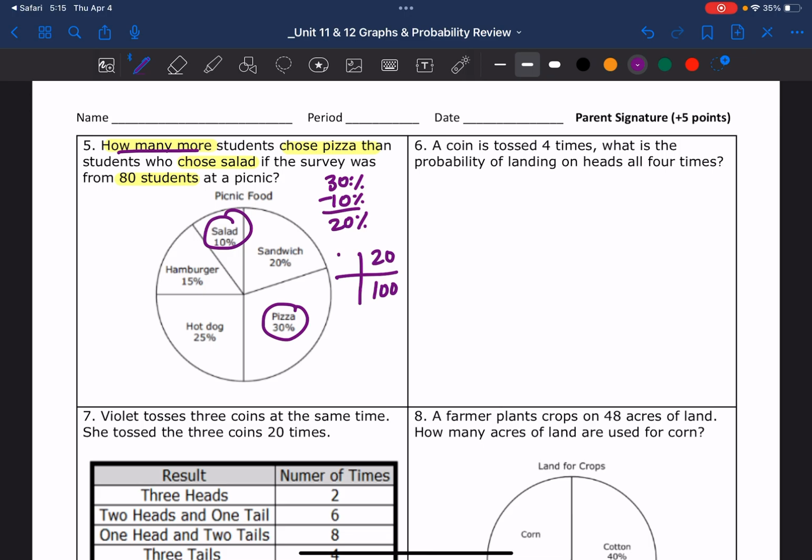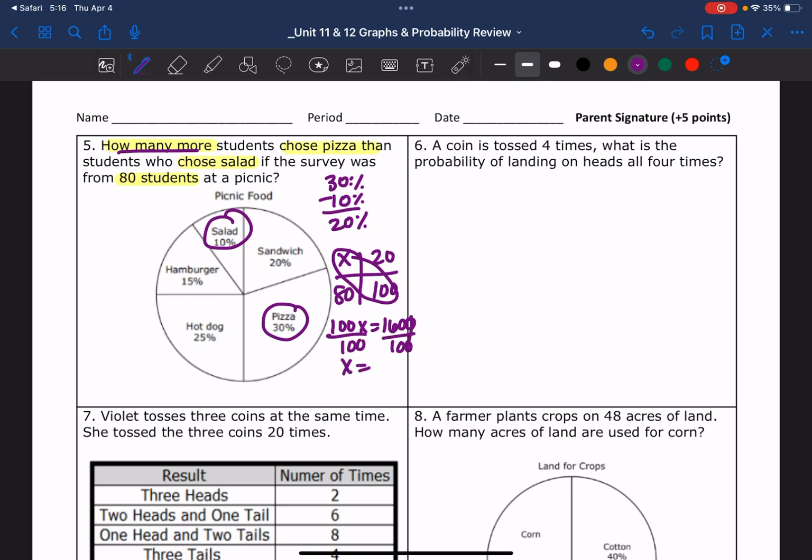And then here I need to find out what that part is out of the 80 students. So 100 times x, which is going to be 100x, equals 80 times 20. I know that 8 times 2 is 16, so this is actually going to be 1600. I divide by 100.